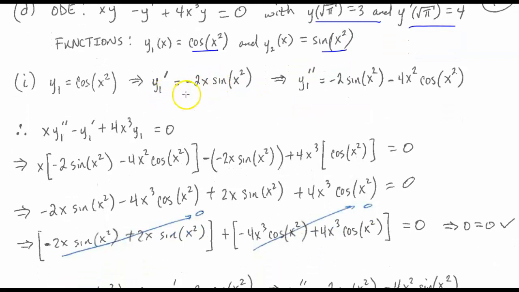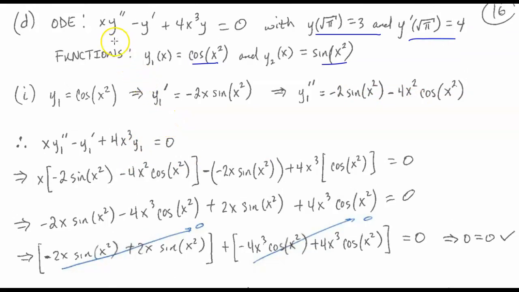So as you see here, we take cosine of x squared, take the first derivative, and then take the second derivative. And of course, going from the first derivative to the second derivative, we would have to end up using the product rule here. So that's how we end up getting two terms instead of just one. And then again, we just plug in everything. So we know that y double prime is just going to be all this.